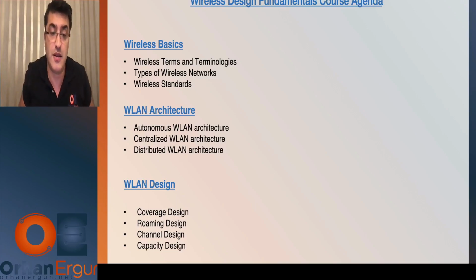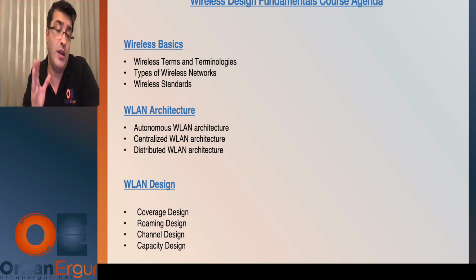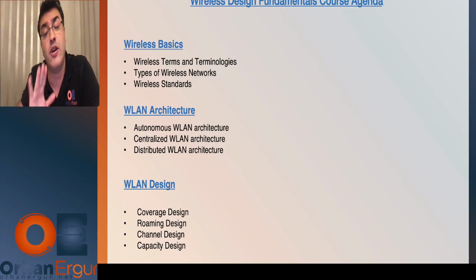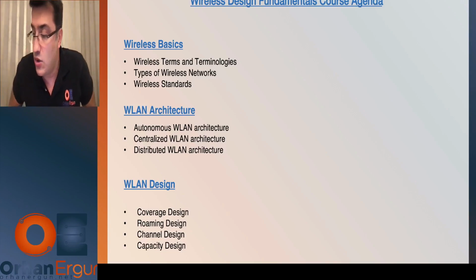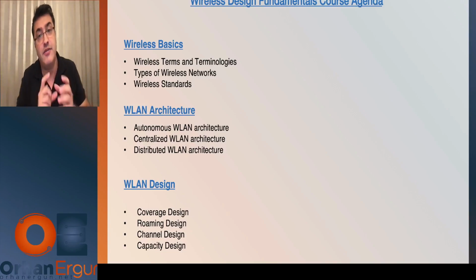Channel design is another long topic. We will have a look at two frequency spectrums. We will look at the 2.4 as well as 5 gigahertz frequency bands, with 20 and 40 megahertz channel widths. So different channel designs and their effect on coverage as well. There is also the interference term, and we will learn this one in the wireless terms in the beginning.